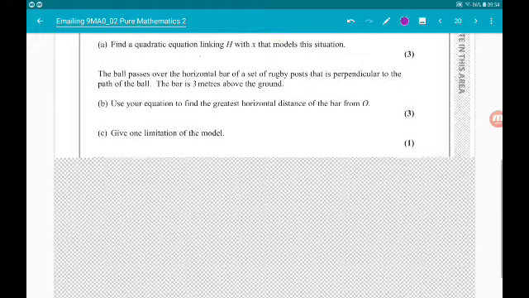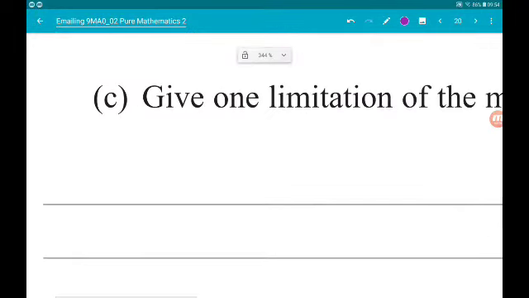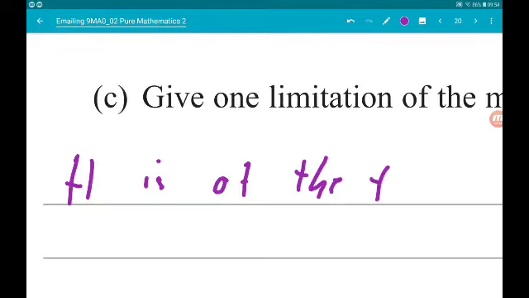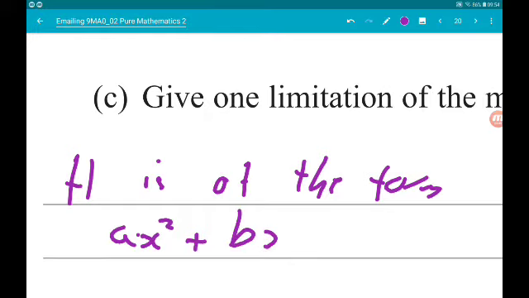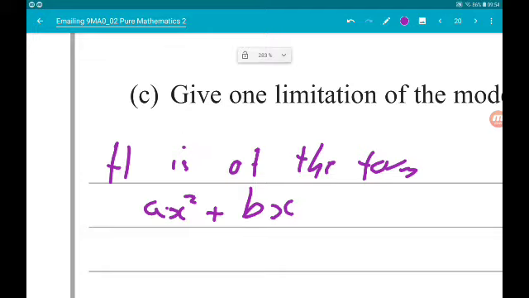So we can say then h is of the form ax squared add bx. Now, the reason that there's no constant term is because our y-intercept is 0.